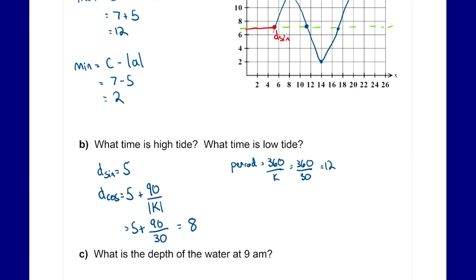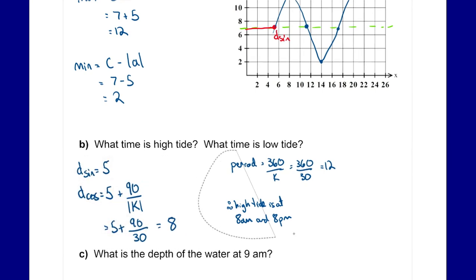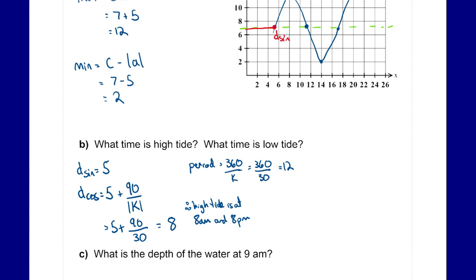So if one high tide is at 8 a.m., then adding 12 to 8 gives 20. Thinking of a 24-hour clock, that's 2000 hours, which is 8 p.m. So 12 hours from 8 a.m. is 8 p.m. That is your high tide.